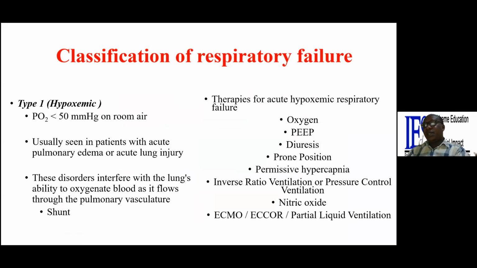So, still on the classification, this is really the type of respiratory failure. The first one, as I said, is type 1 hypoxemic, where you have a low amount of oxygen in your body. Your arterial pressure of oxygen is below 50 millimeters of mercury on room air, meaning not on oxygen or on a ventilator machine.